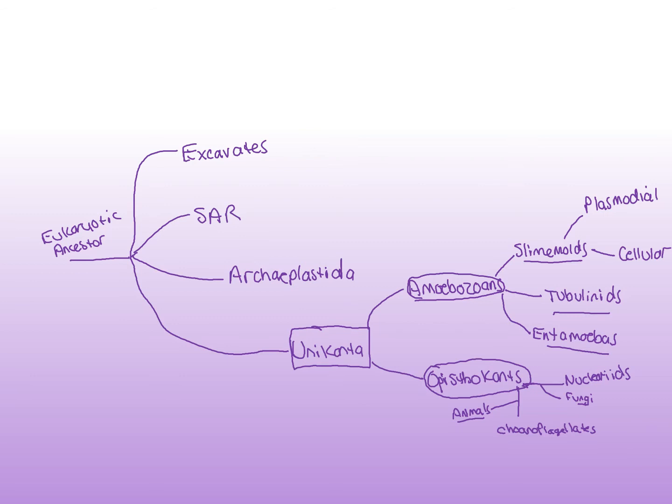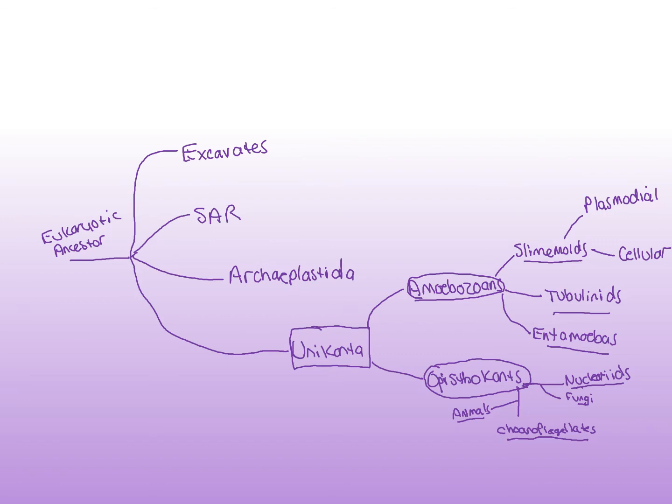And then the Opisthokonts are divided up into two major categories, including the groups that make it polyphyletic. And so we have the nuclearids, which are protists, and the choanoflagellates, which are also protists. However, the nuclearids are the direct ancestors of fungi, and the choanoflagellates are the direct ancestors of animals.